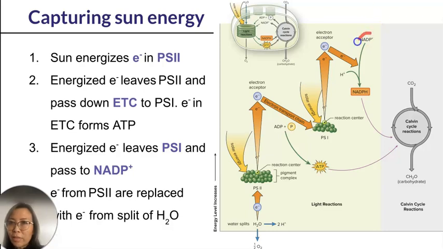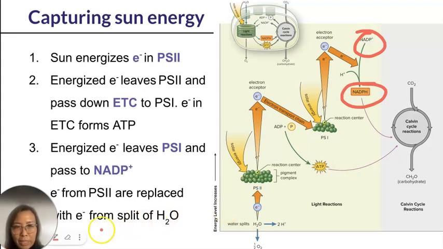Sorry, I had to erase some of the other picture because my head was getting in the way. But this is the next electron acceptor, and this will accept the electron and a hydrogen ion, and in the process get reduced to NADPH, and this is going to play a role when we get to the Calvin cycle. So let's revisit the photosystems in a little bit more detail before we move on to the Calvin cycle.